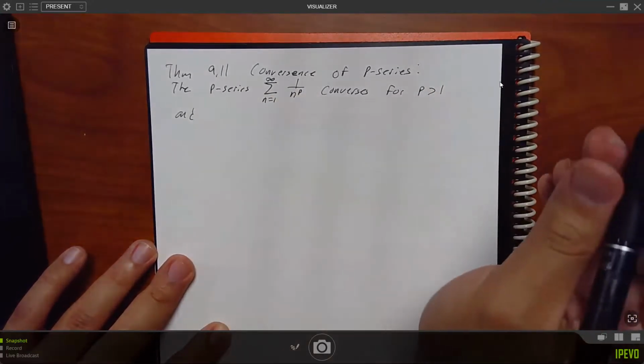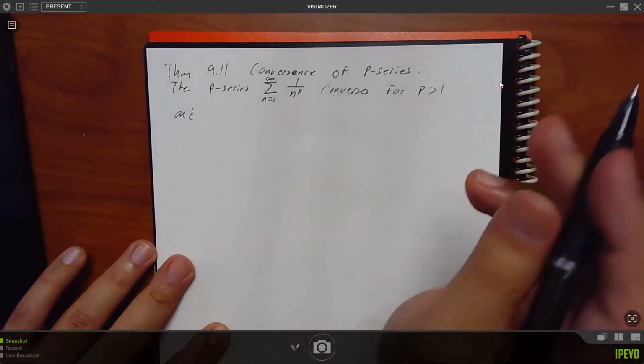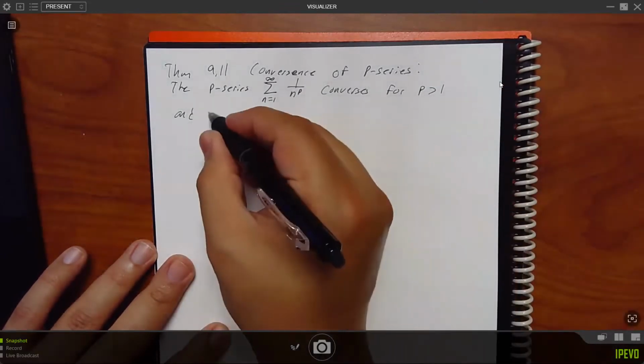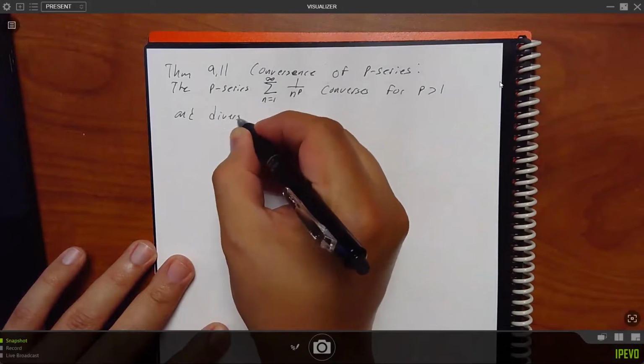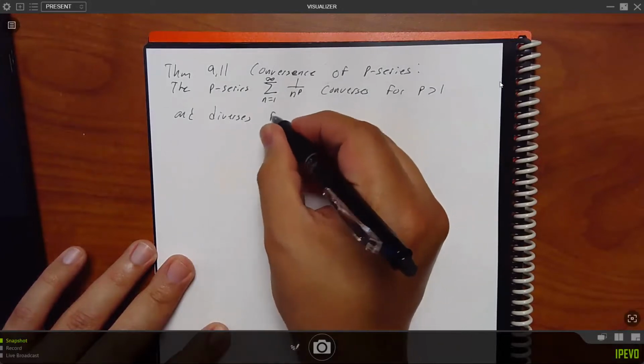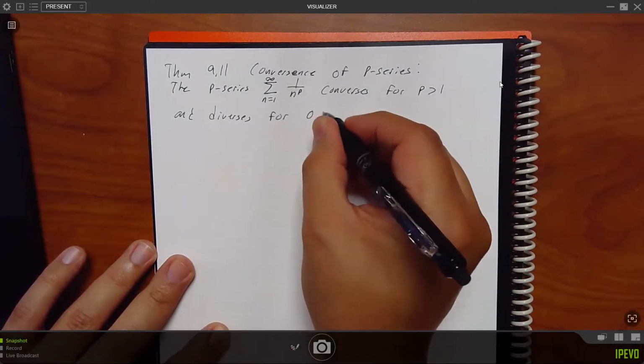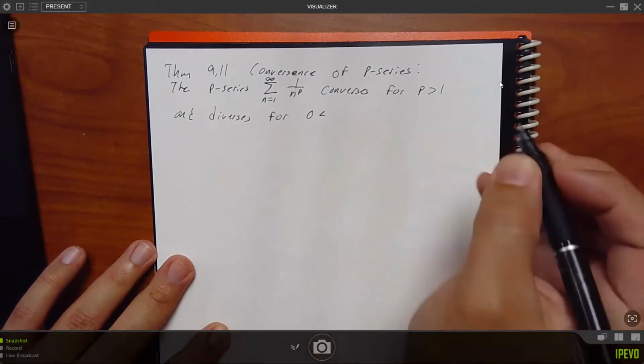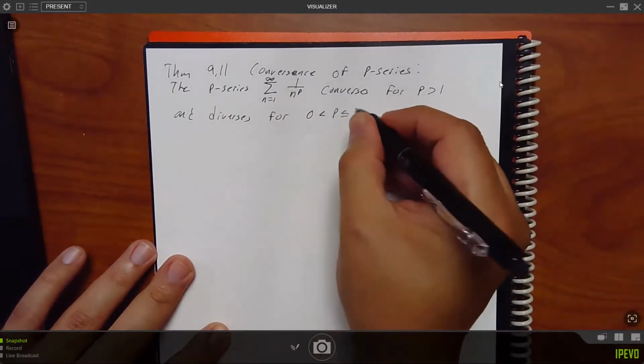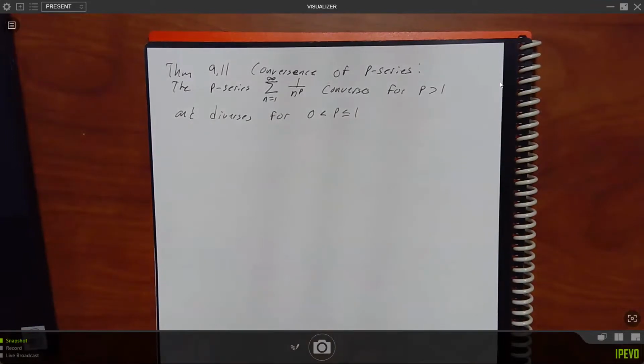And diverges for P between 0 and 1 and equal to 1. Basically, if P is 1 or a fraction that's less than 1, then it diverges.